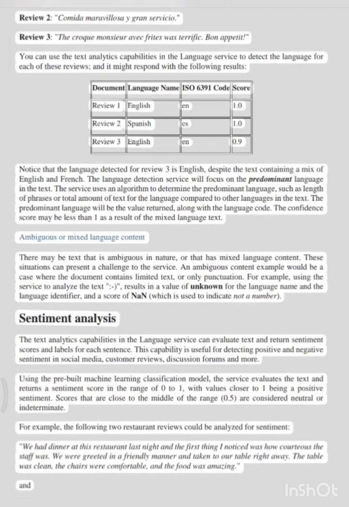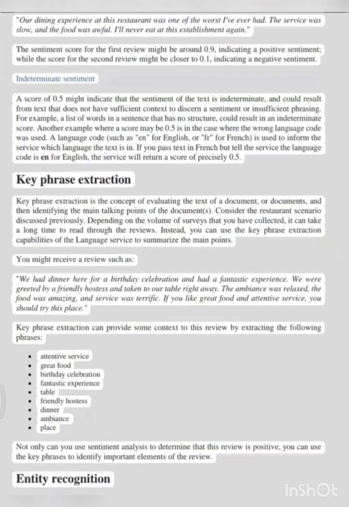And our dining experience at this restaurant was one of the worst I've ever had. The service was slow, and the food was awful. I'll never eat at this establishment again. The sentiment score for the first review might be around 0.9, indicating a positive sentiment, while the score for the second review might be closer to 0.1, indicating a negative sentiment.